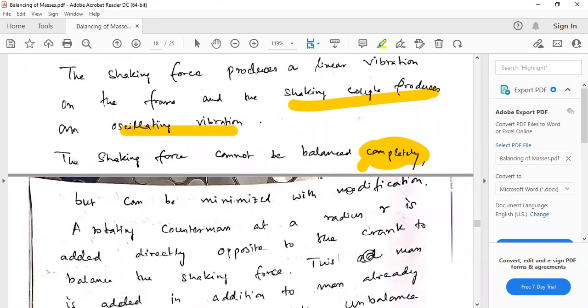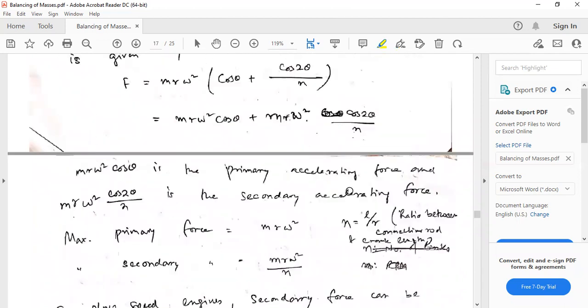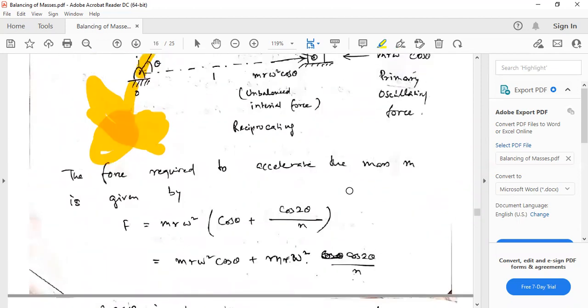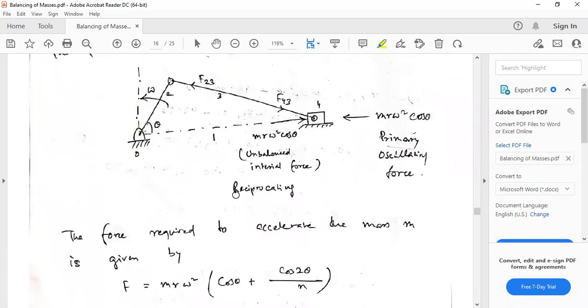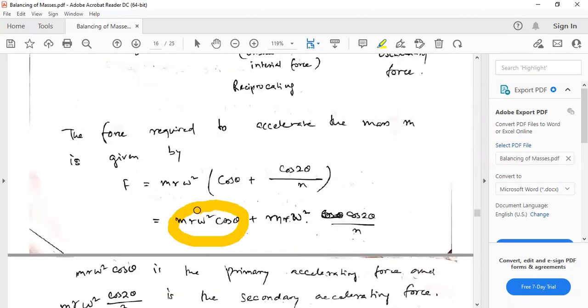Whatever reciprocating mass we have causes a primary force, which is m r omega square cos theta, and this is the secondary force I mentioned. So the primary force is not completely balanced; only 2/3 of it is balanced, which means around 75% is balanced.